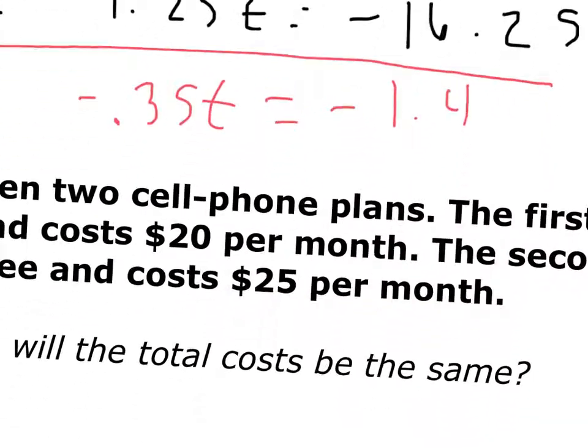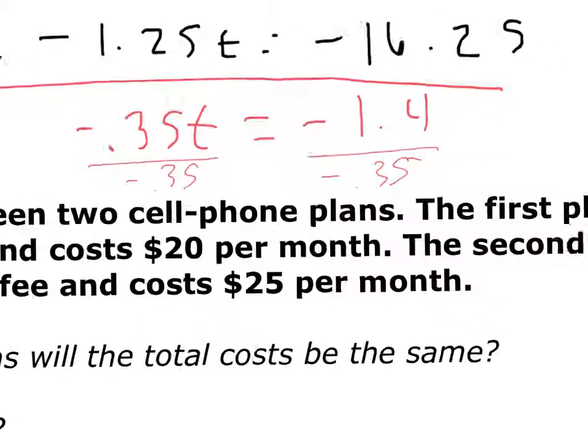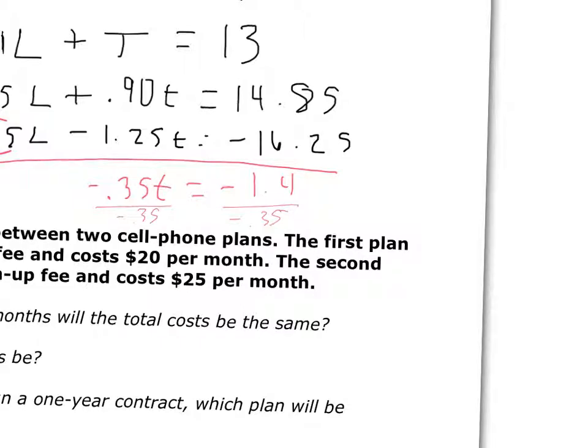So we got a short little equation here. We of course want to get t by itself, so we're going to divide each side by negative 0.35. If you divide that out on your calculator, negative 1.4 divided by negative 0.35 gives us a t of 4.